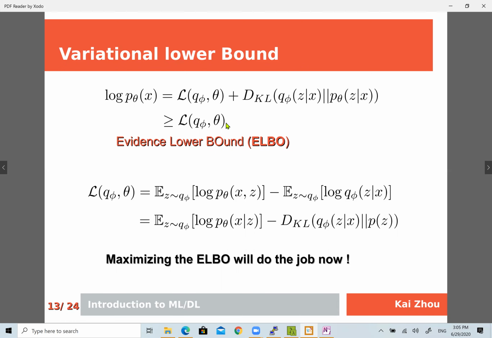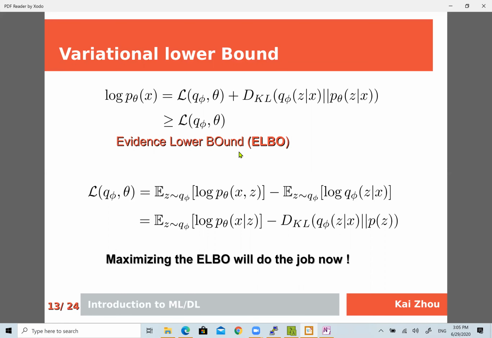And why is this called the evidence lower bound? Because the KL divergence is always larger than or equal to 0. So this log probability is always larger than or equal to L, right? Based on this inequality, people call this expression, this L, the evidence lower bound, because p theta of x in the machine learning community is called evidence. Or you can call it the variational lower bound. And this evidence lower bound is basically the cornerstone that drives the whole variational autoencoder to work.